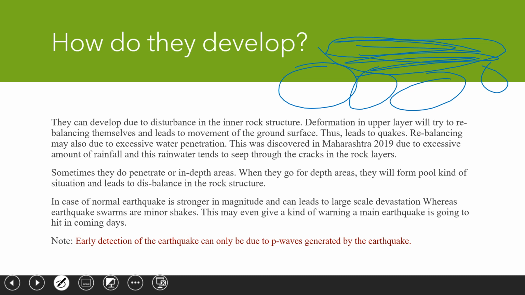After some time, when it tries to balance it, it may cause more disbalance in the soil, more destruction, like a structural error beneath the soil, and it will ultimately lead to a greater or normal earthquake, and it may also lead to a tectonic plate disturbance. That's why it is said that this gives a kind of warning that a main earthquake is coming in the coming days. So this may be treated as a warning that a main earthquake is coming.